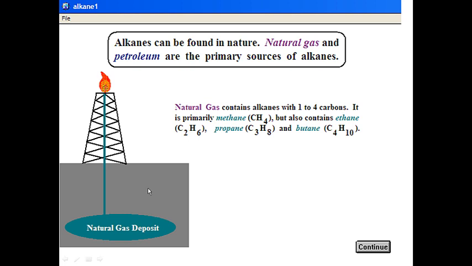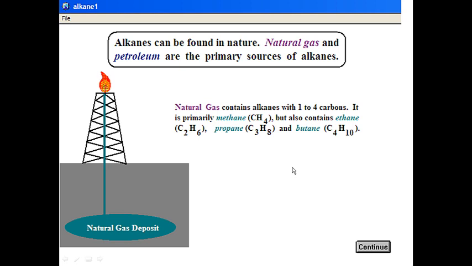When we talk later on next semester about aromatic compounds, which were the 6-membered rings with alternating single and double bonds, the original sources for the aromatic compounds were coal. Coal contains a high percentage of aromatic compounds, or of the arene functional group.